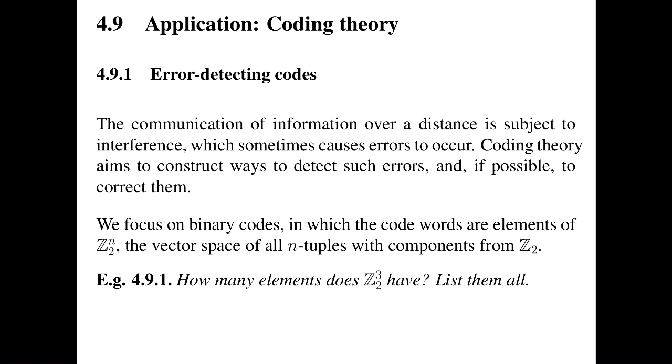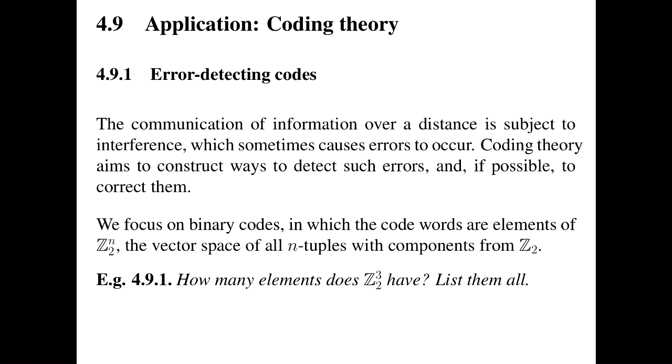The reason it works is because you make the messages you send contain redundant information. Okay, so you've got the message you want to send, you make it a bit bigger, and the extra information in that longer message is what you need to be able to tell whether an error occurred, and if it did occur, where it occurred.